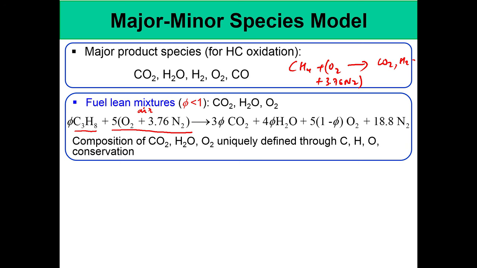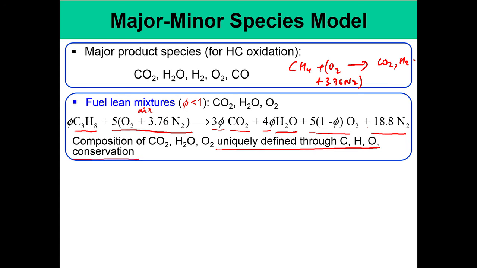For phi moles of propane, there will be 3 phi moles of CO2, 4 phi moles of water, and some leftover oxygen, and the nitrogen is constant because it does not participate in the reaction. So, this is predetermined. You do not need equilibrium constants to find out the composition of CO2, water, and oxygen, because these are uniquely defined through element conservation.